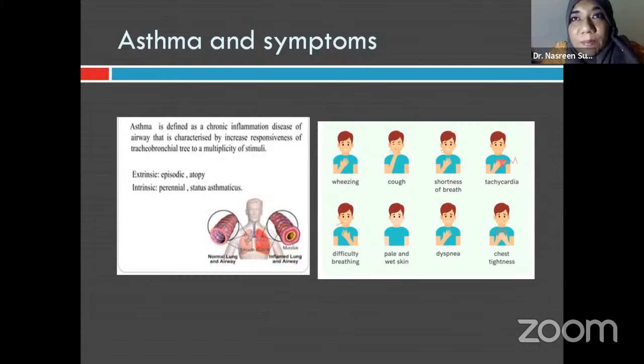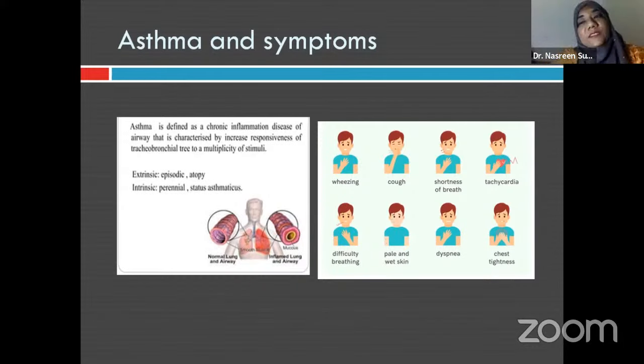Means due to the presence of some allergens, exposure to some toxins or anything a person is allergic to, when a person is exposed to such a stimulus, the airway responsiveness will become high. Hyper responsiveness will be there.